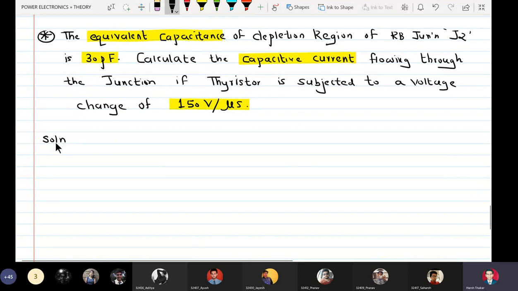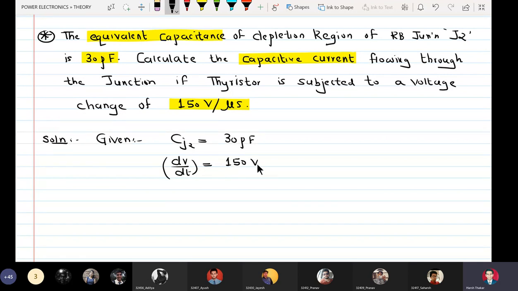Straight substitution numerical. Given CJ2 is 30 picofarad. The applied rate of change of voltage is 150 volt per microsecond, and the capacitive current IC is unknown.